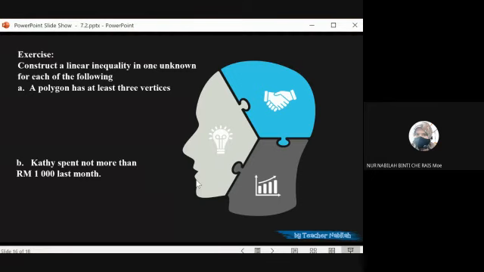You can use any letter, any variable you want. A polygon has at least 3 vertices. So how to write the linear inequality?